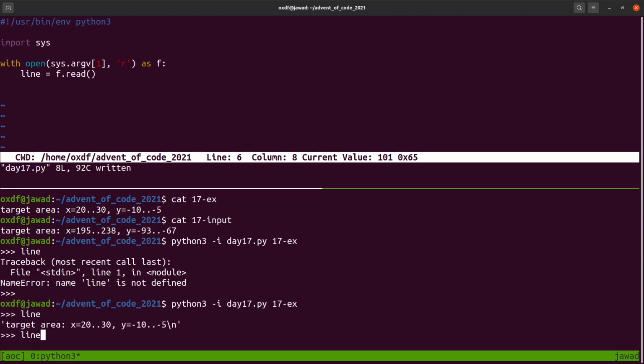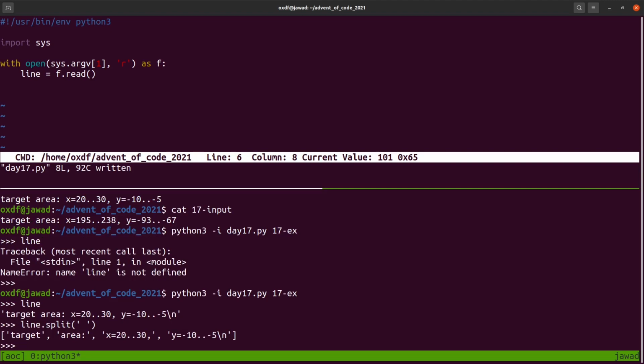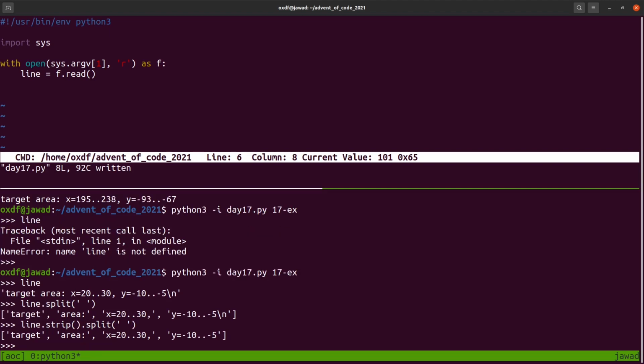And what if we split on space? It looks okay. Let's strip it, because of that trailing newline. That looks good. So now we can do line to get the x's.